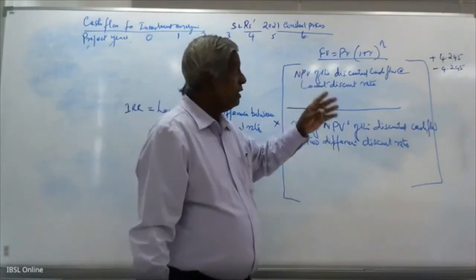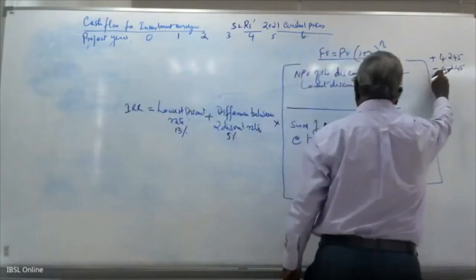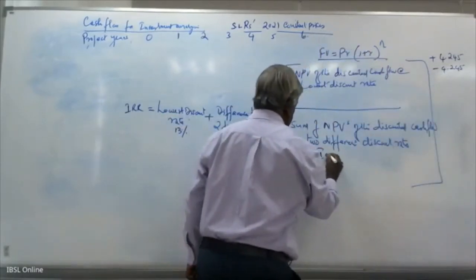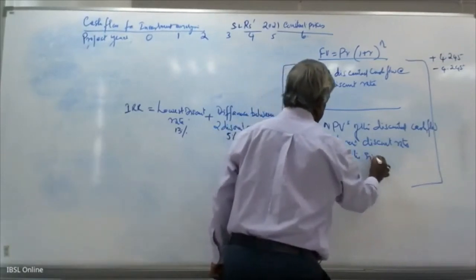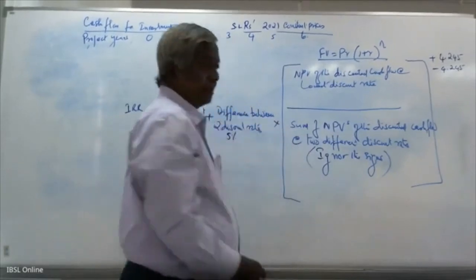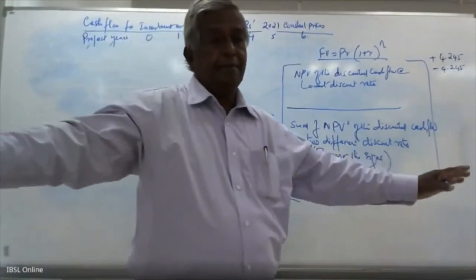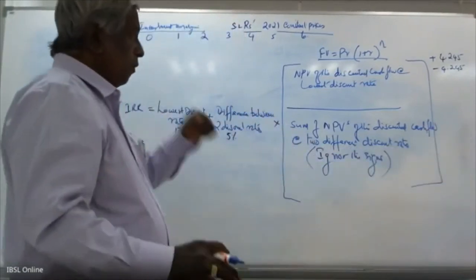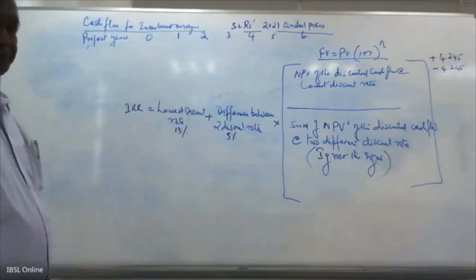So what we have to do? Ignore the signs. So you total it up by ignoring the signs. So this is the formula.